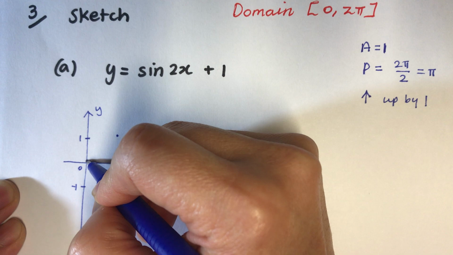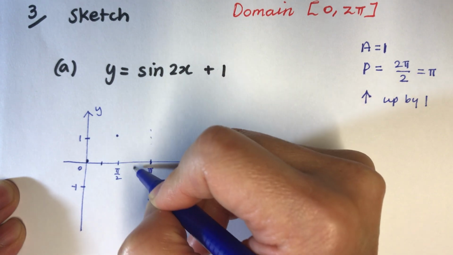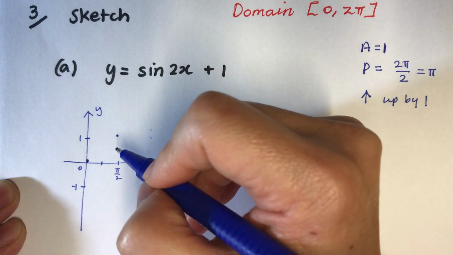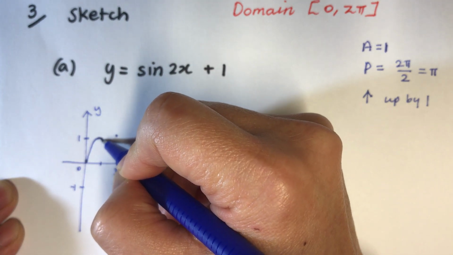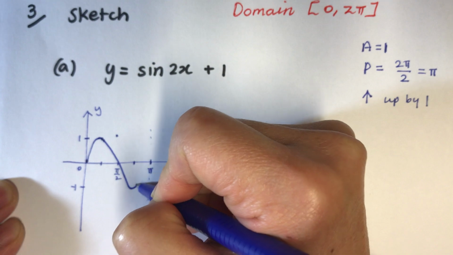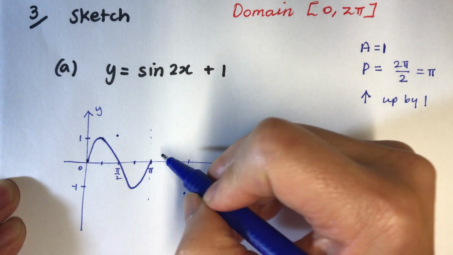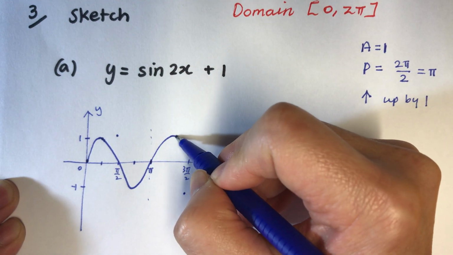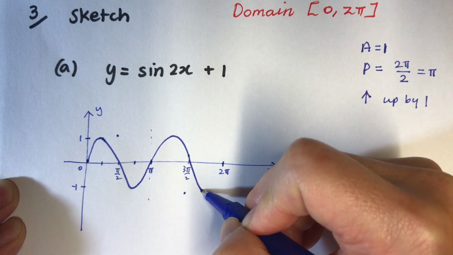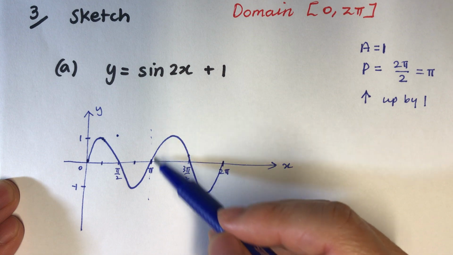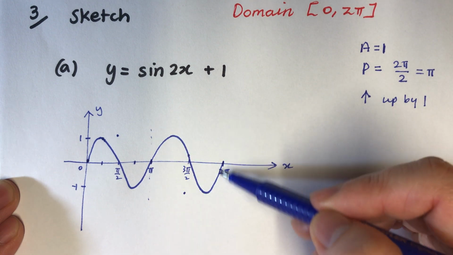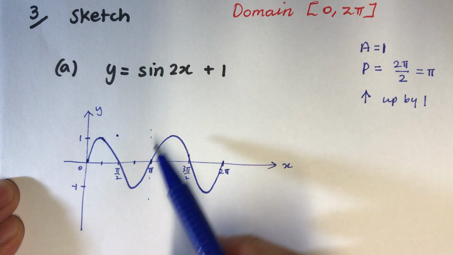My mistake, there's a 4. I tried really hard to be as accurate as possible, so that'll do. So I've got one pattern finishing at pi, and a second pattern there, so double happening.